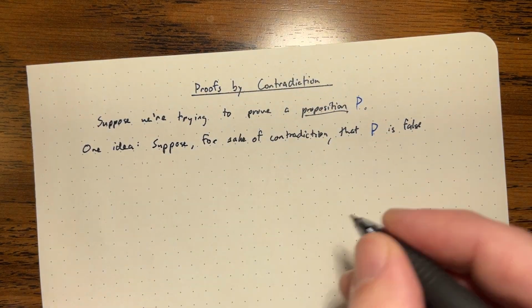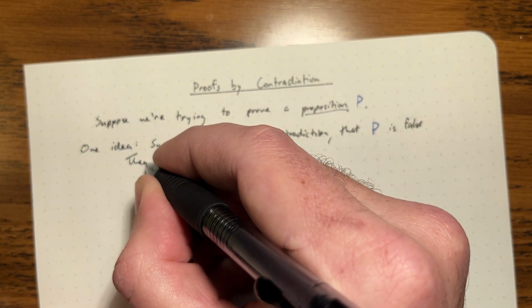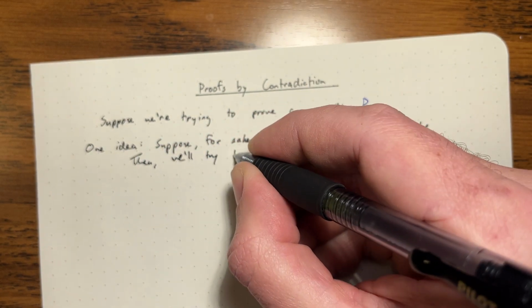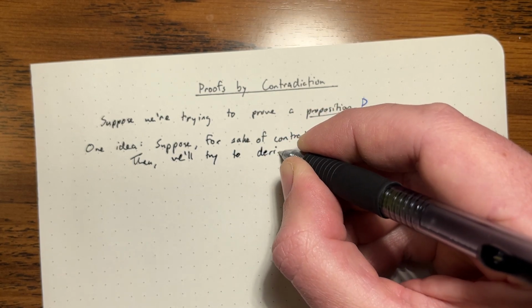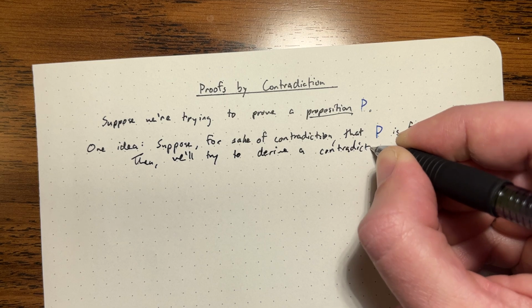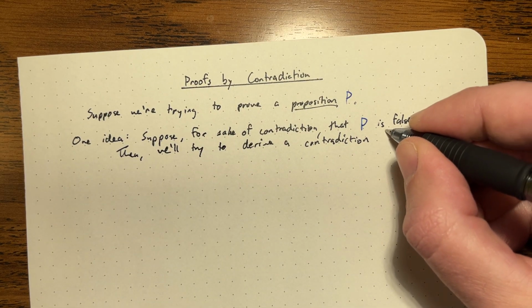So let me write that out. We'll suppose that the thing we're trying to prove is false, and then we'll try to derive a contradiction. And remember, a contradiction just means a statement that's always false.